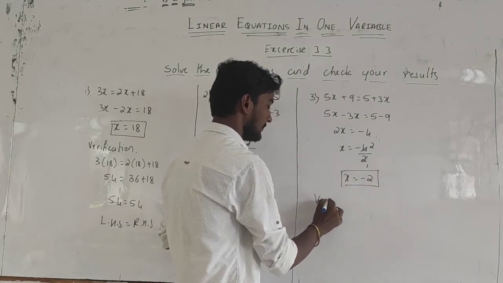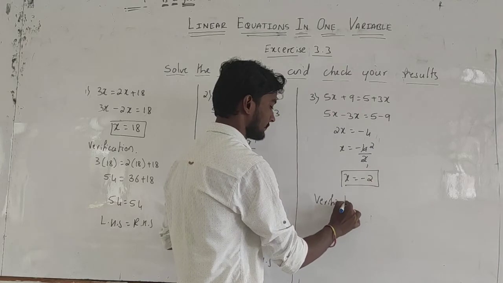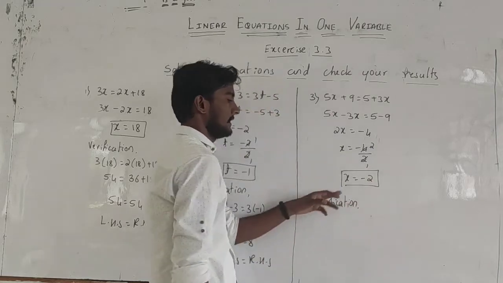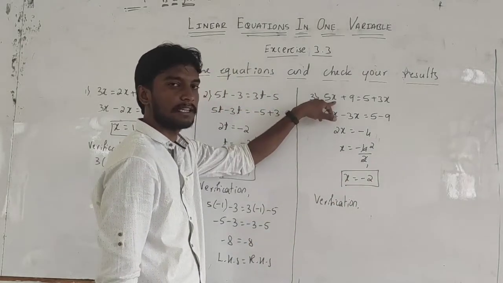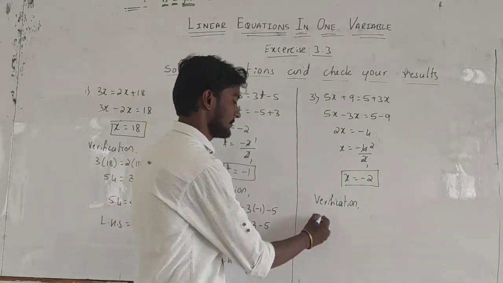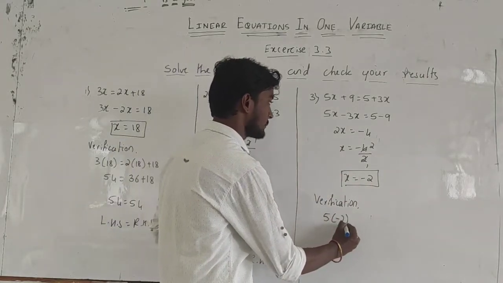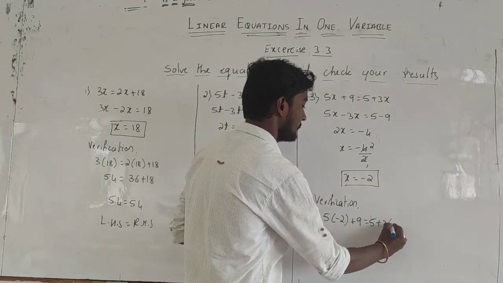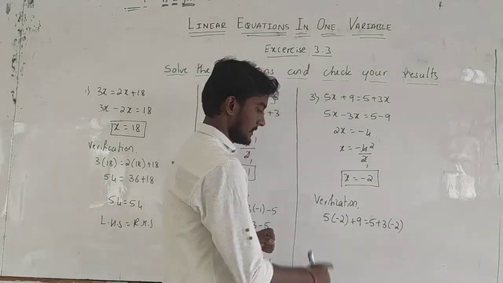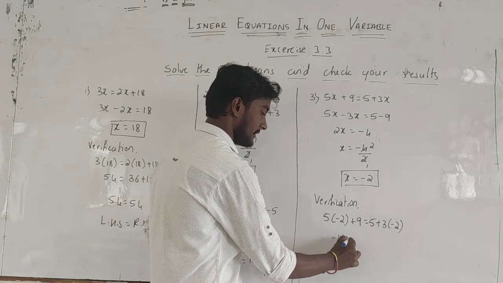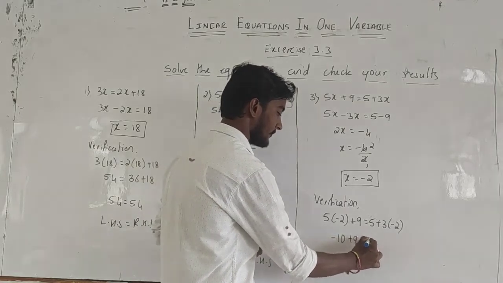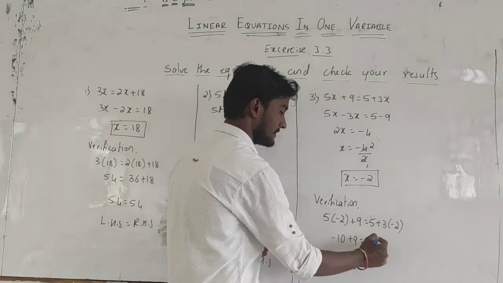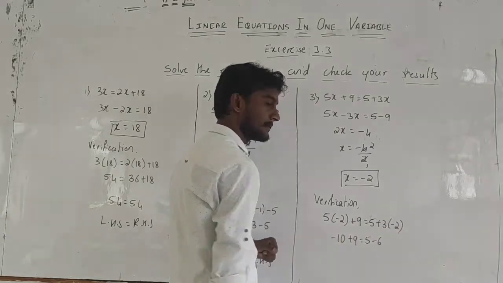You have to make the verification. In the verification, in place of x in the given equation, you substitute minus 2. 5 into minus 2 plus 9 is equal to 5 plus 3 into minus 2. 5 into minus 2 is minus 10, plus 9, is equal to 5 plus 3 into minus 2, which is minus 6.